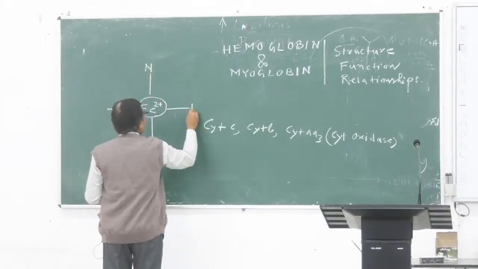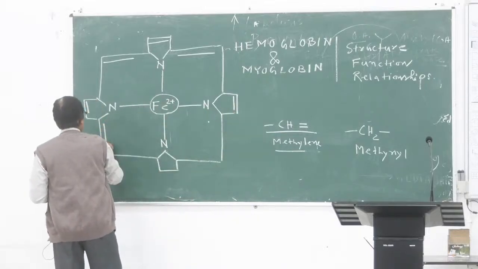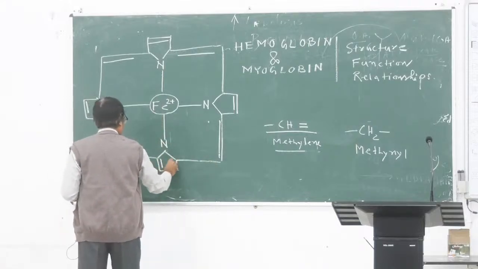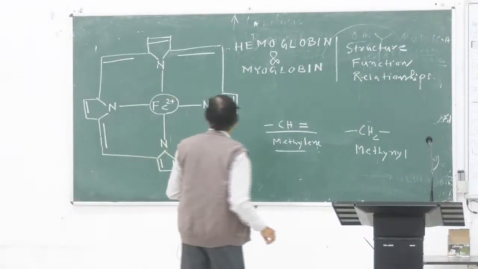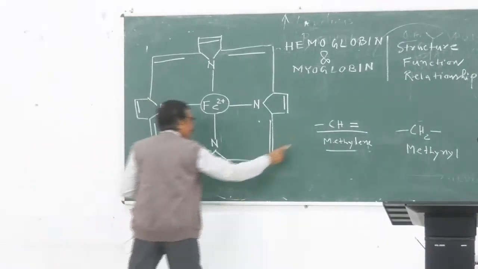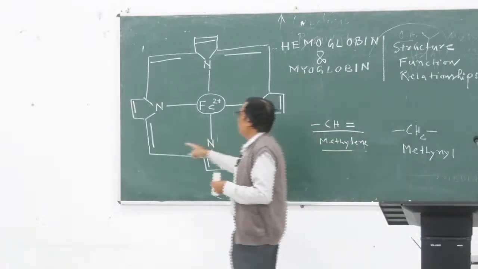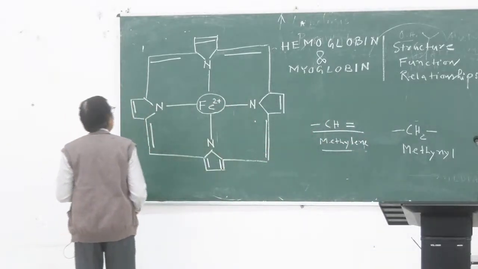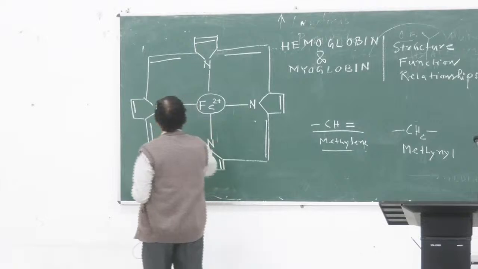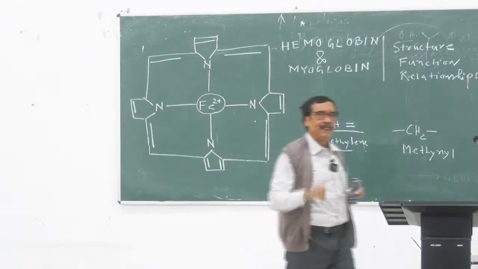This bond is called methylene. So pyrrole rings are attached to one another by a bridge known as the methylene bridge, with nitrogen, having ferrous iron in the center.